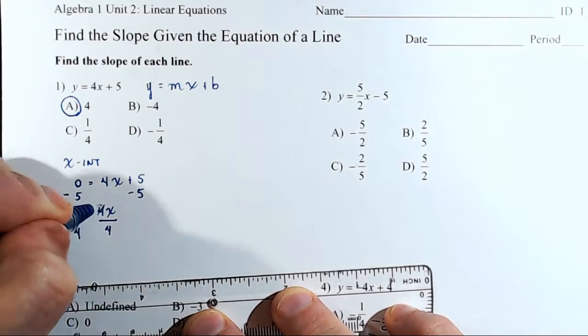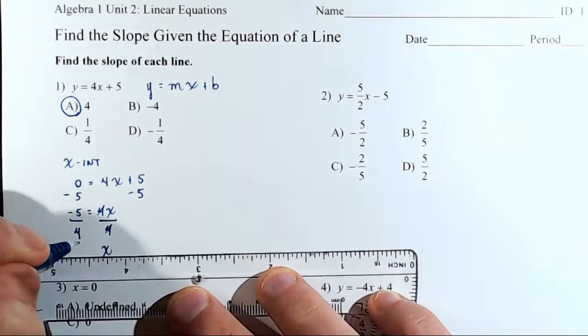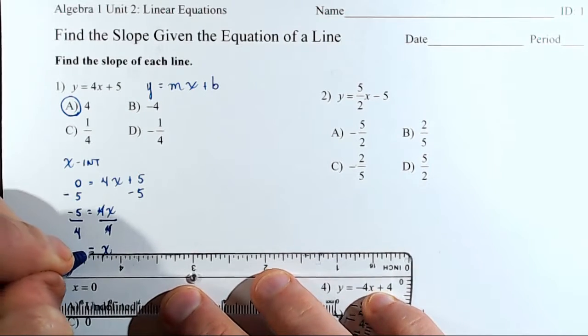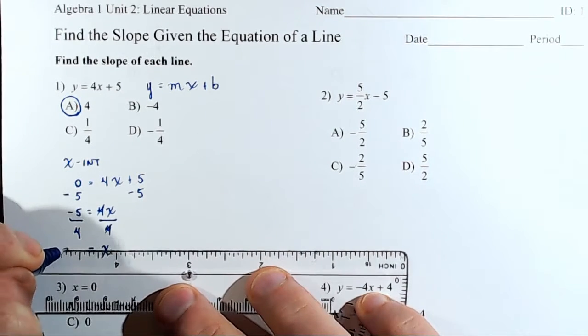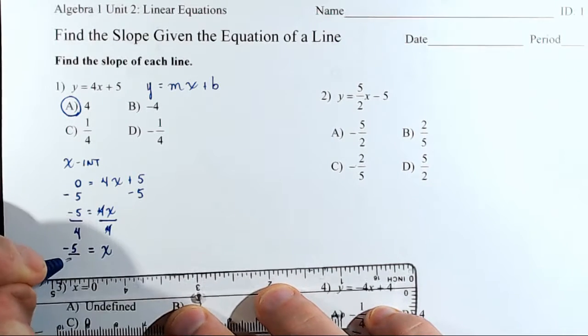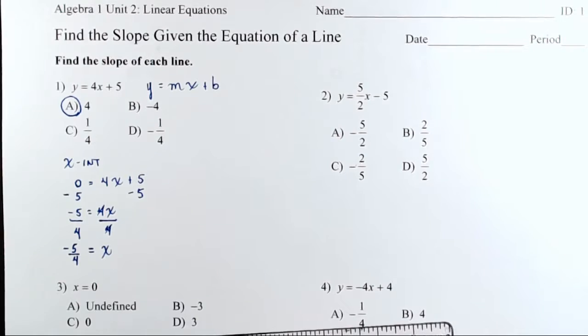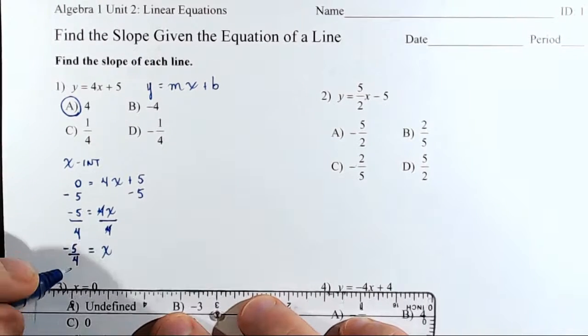Cross out the 4's on the right. And now you have x equals negative 5 over 4. Or if you like, negative 1.25.